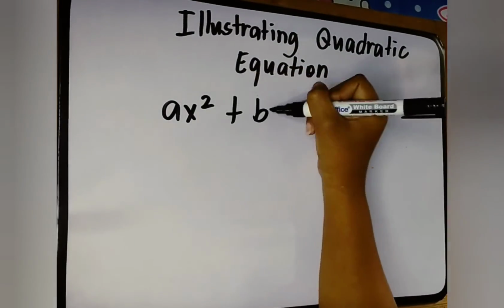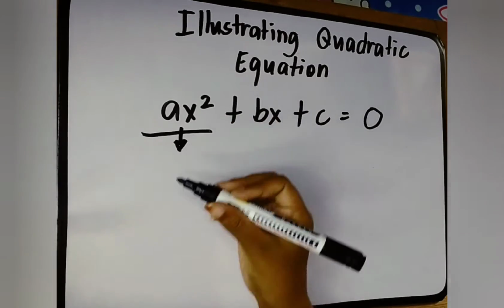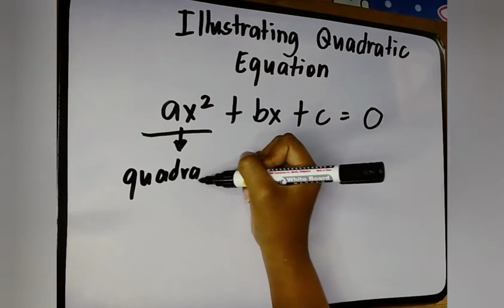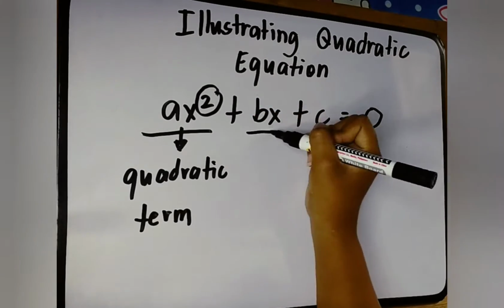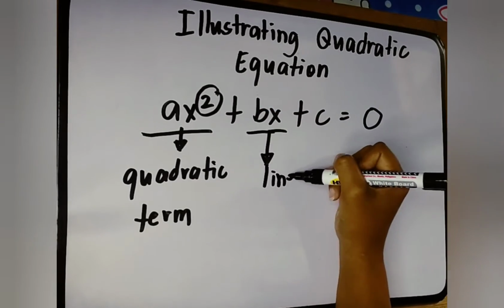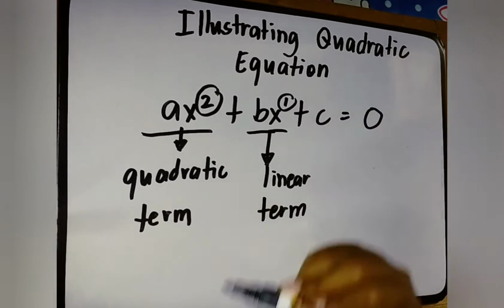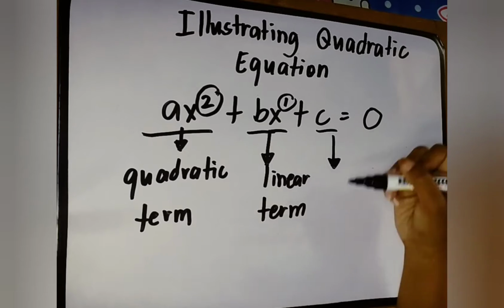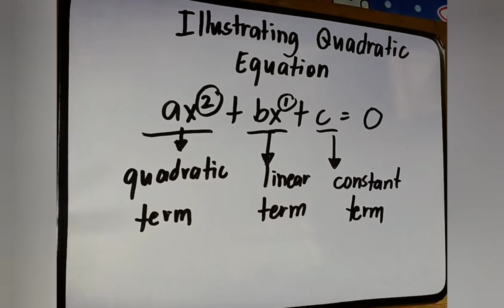Now, I will give you additional information about the standard form. The ax squared is the quadratic term because it has a degree of 2. The bx is the linear term because its highest degree is 1, an invisible 1. And c is the constant.